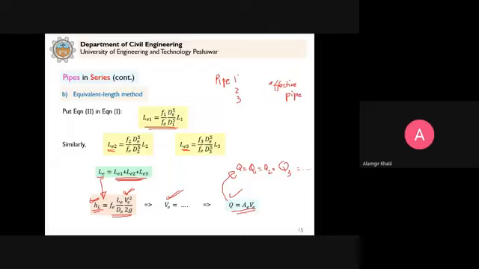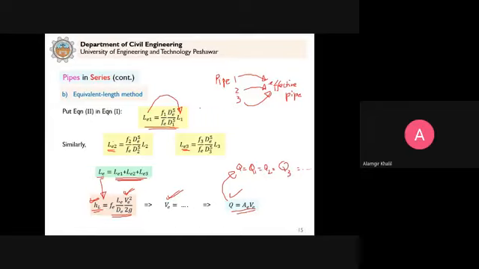So you can select any one to be the effective pipe. Clear? Either you can select pipe 1 to be effective, then in that case your LE1 must be the same as L1, and then you have to calculate LE2 in terms of L1, and similarly LE3 in terms of L1. You can select pipe 2 to be the effective pipe. Then we have to express 1 and 3 in terms of that. Or you can select pipe 3 to be the effective pipe. Then you have to express 1 and 2 in terms of 3.